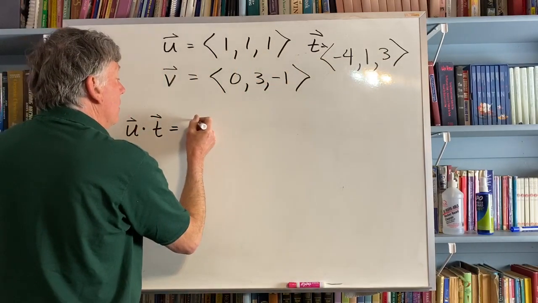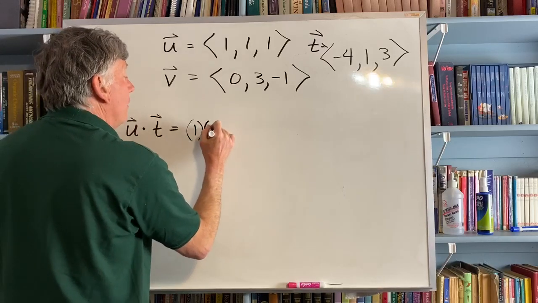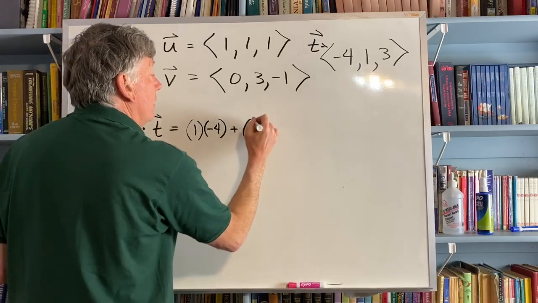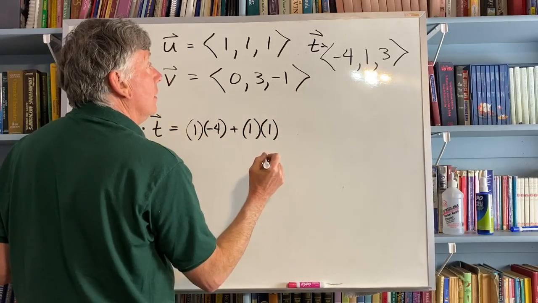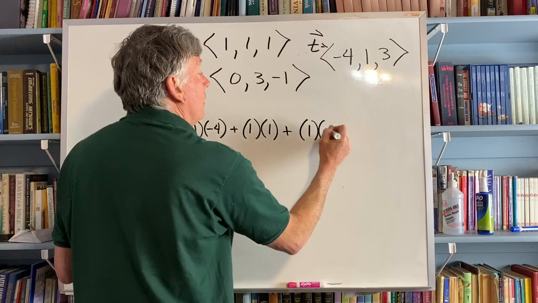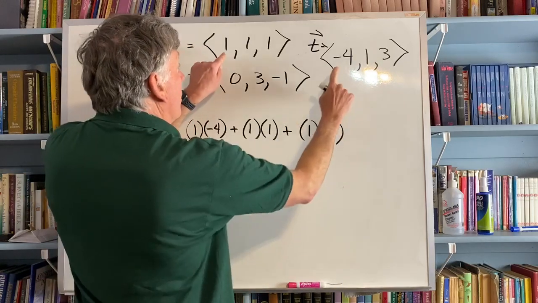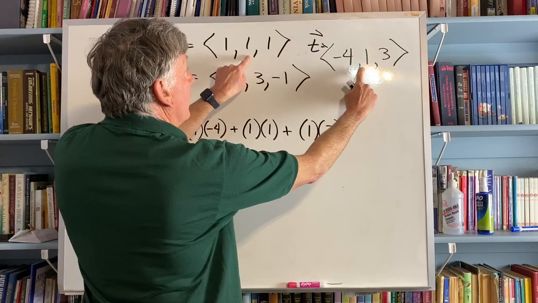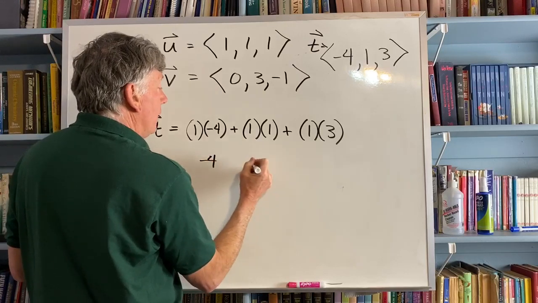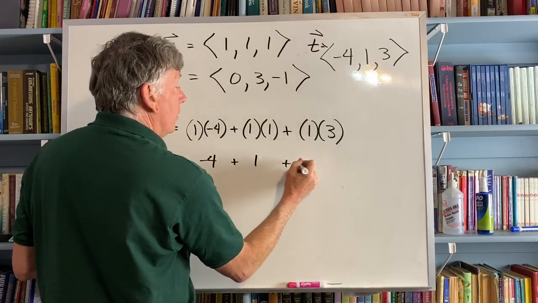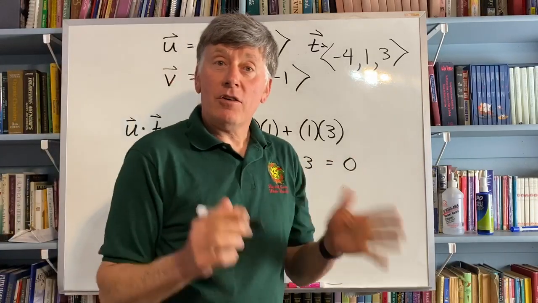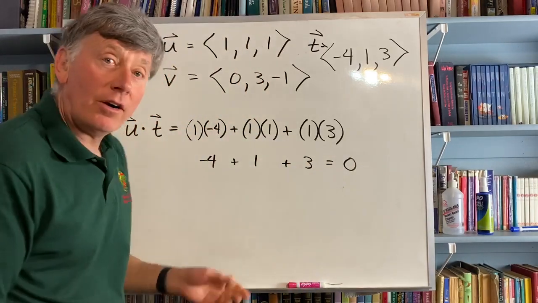So that's going to be 1 times minus 4, plus 1 times 1, plus 1 times 3. This is minus 4, plus 1, plus 3 equals 0.